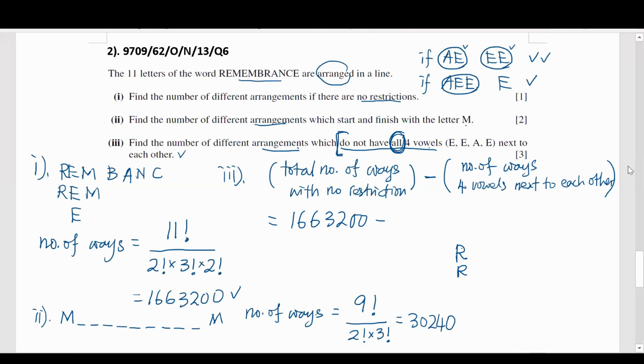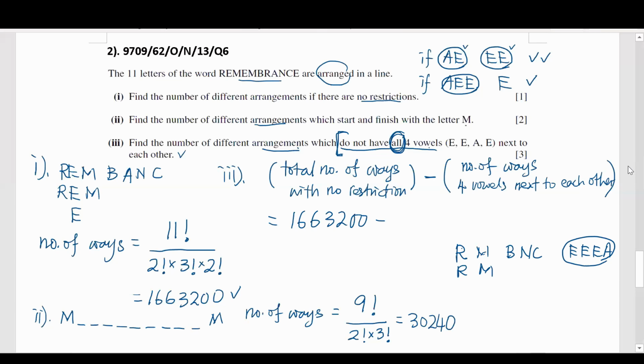We have double R, we have double M, we have B, N, and C, and then we have E, E, E, A. As I'm looking for the number of ways that these 4 vowels are together, I circle them together.